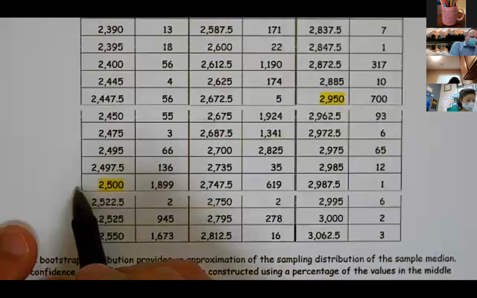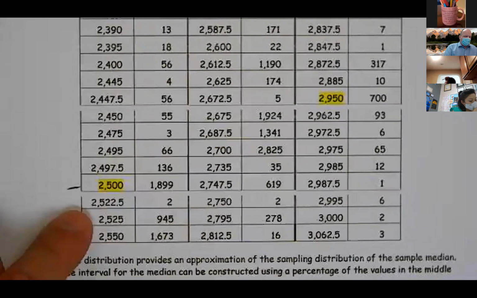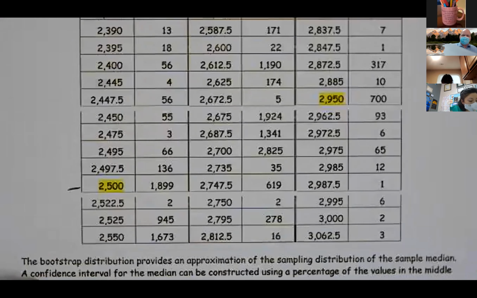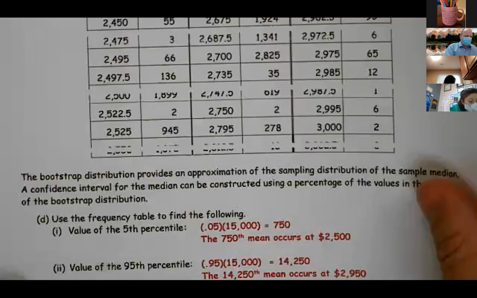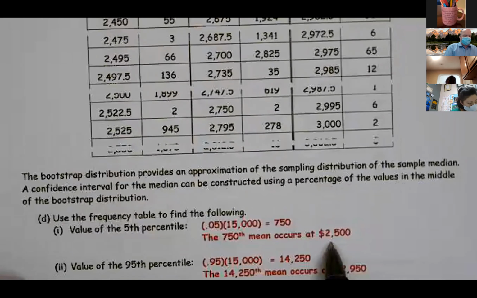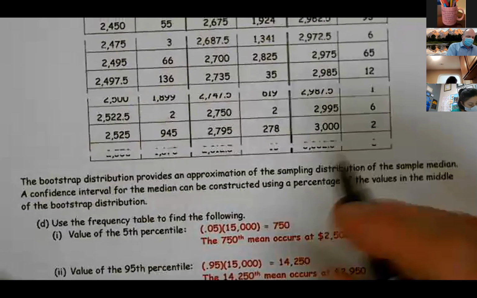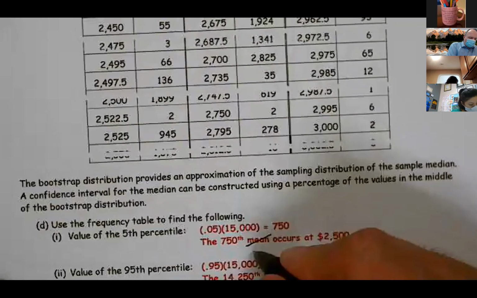It's not till I get to 2,500 that 750 is actually included. So in this case, my 5th percentile occurs at 2,500. That's my 750th, and I said mean, that's incorrect. That should say median.